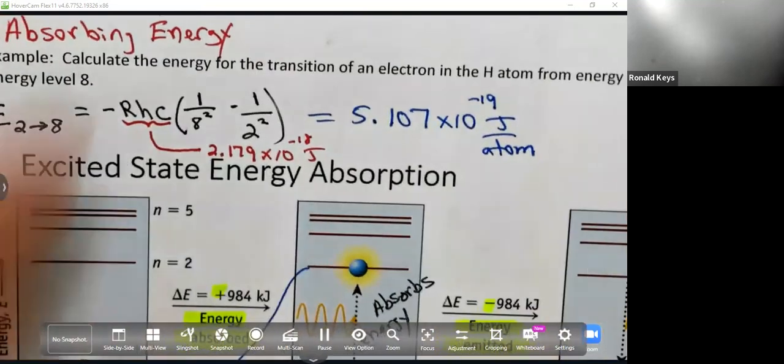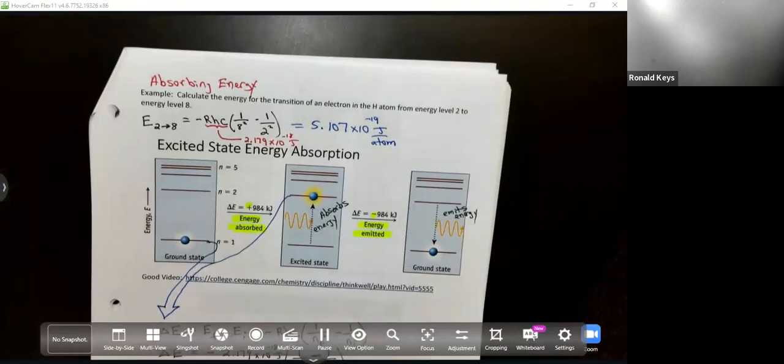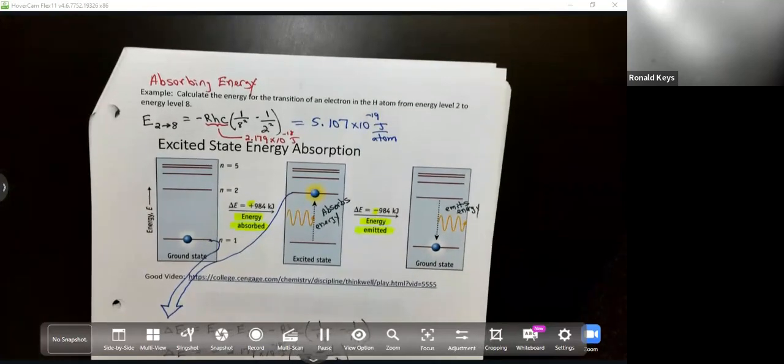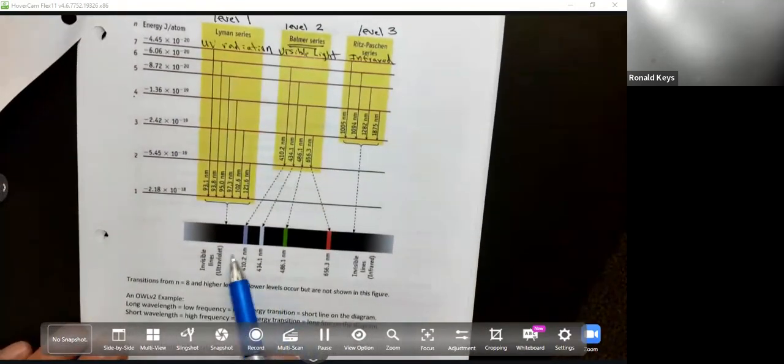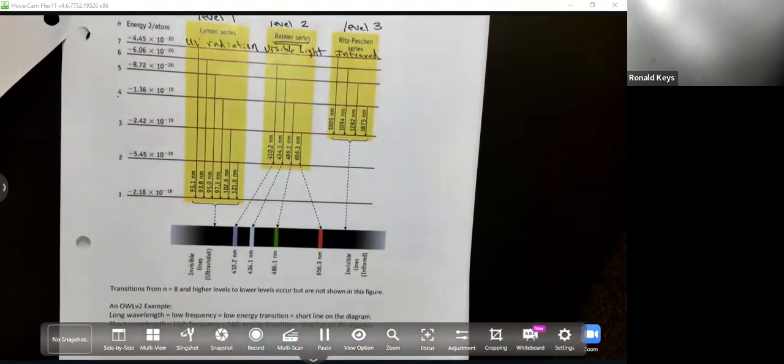Okay, so again, we're just absorbing energy on the way up, we're emitting energy on the way down, and now we can calculate all that, and we can relate that energy to the exact colors that we see, and that color that we see again has a certain wavelength and hence a certain frequency.